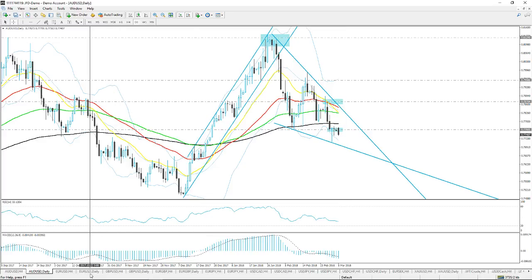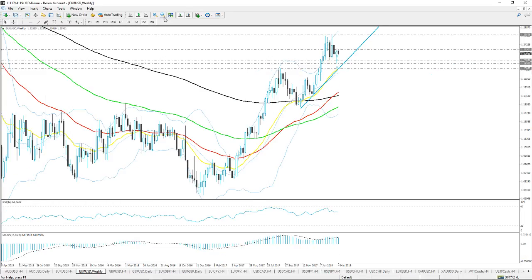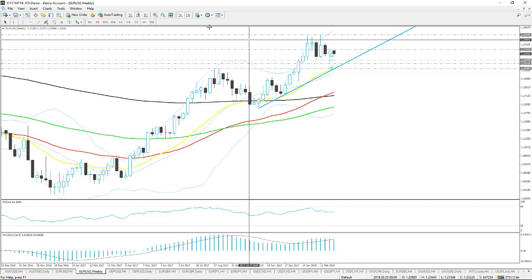So let's have a look at the euro dollar. We're seeing some declines this morning, even though looking at last week, the bulls actually won. We managed to close the candle in the positive zone.